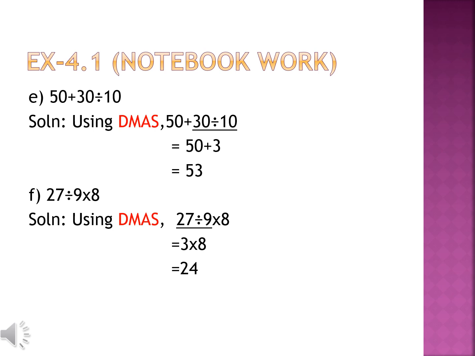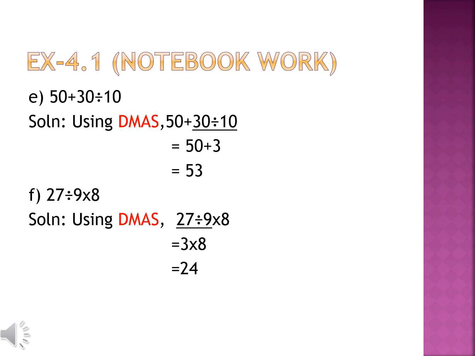DMAS: division, multiplication, addition and subtraction. So division comes first, D comes first, so it means we have to divide first of all. So I have underlined the division part, 30 divided by 10. Now the front part, 50 plus, remains same here.